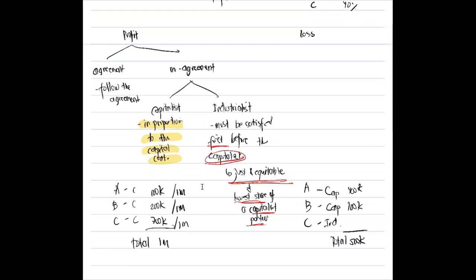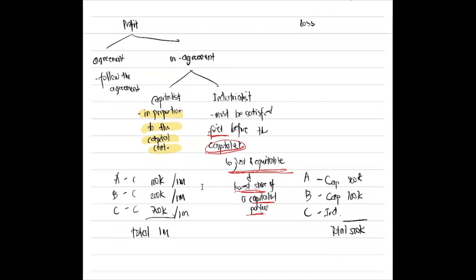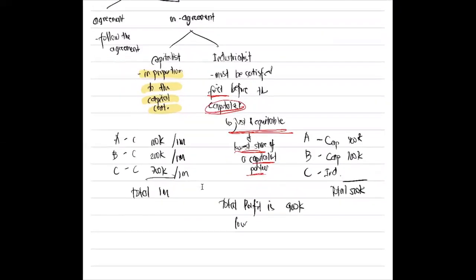So if we will share, whatever is the lowest share, let's say the total profit is 900,000 pesos. First get the lowest share. What is the lowest share? The share of B, because his capital is only 100,000. So 900,000 times 100 over 500,000.